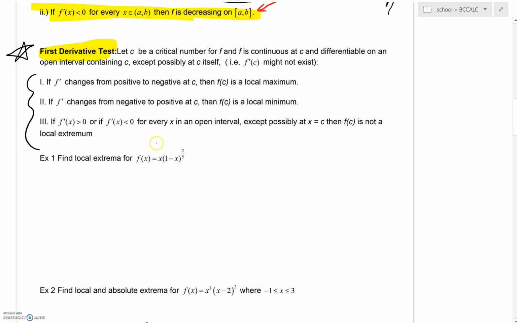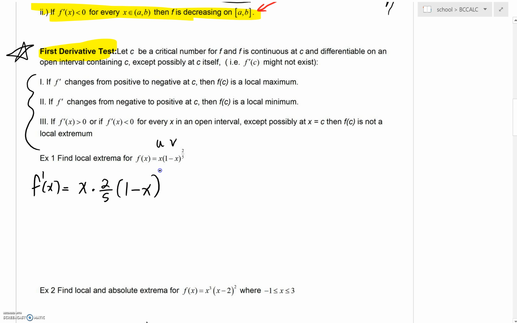We have example 1. I'm going to take a derivative, and we're going to do so using the product rule. So we'll have our first, here's our u, this is x. v prime, we have to bring down 2/5, and then have 1 minus x.